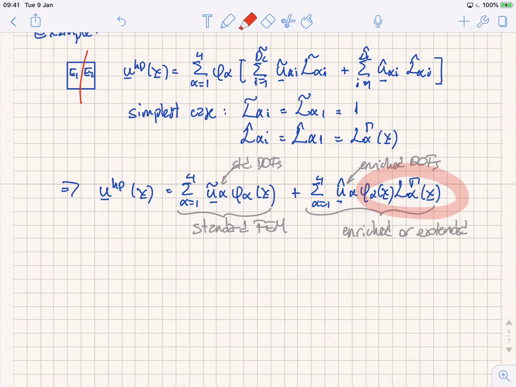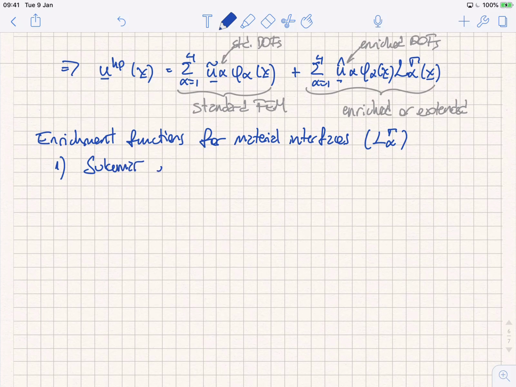Well, the first function that has been proposed was due to Sukumar and co-workers. This happened in a paper in Computer Methods in Applied Mechanics and Engineering, I believe CMAME, in 2001. And the idea is basically to use the distance function to the material interface to build the enrichment. That is the main idea behind this.